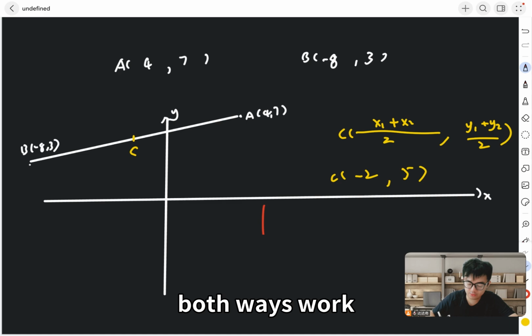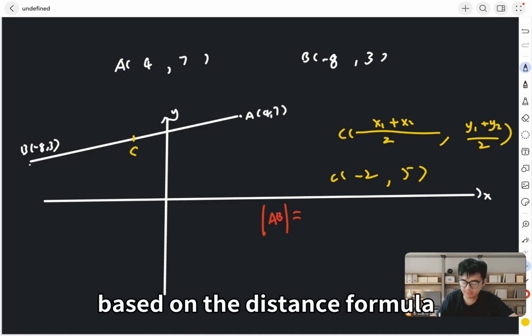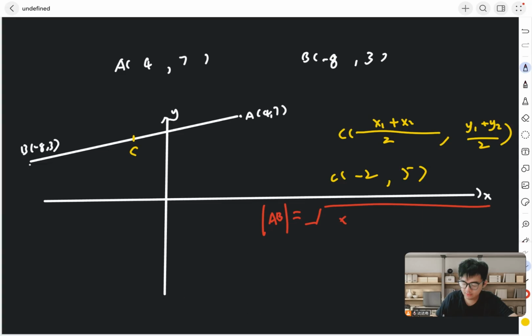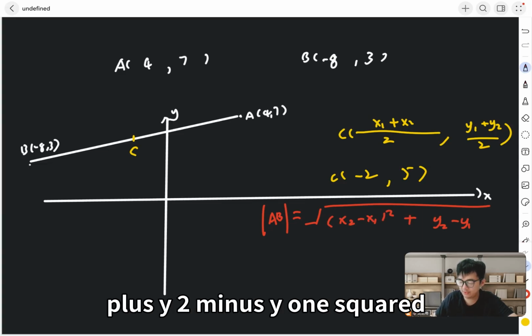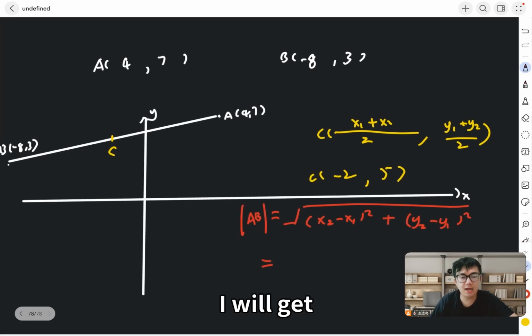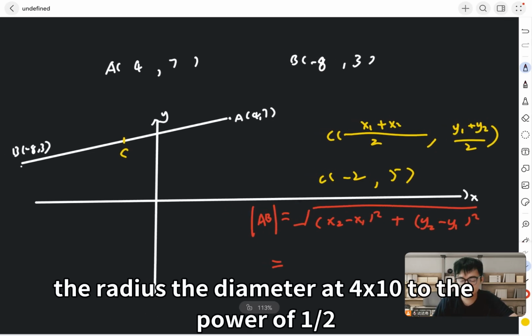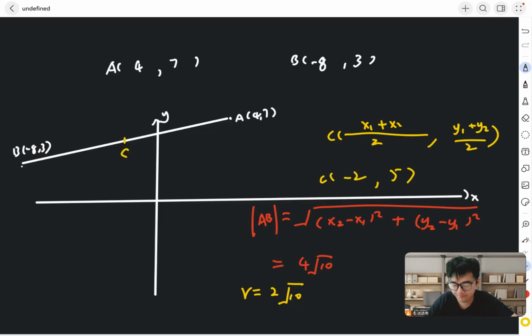Both ways work. Let me just figure out the length of AB. Based on the distance formula, it's the square root of (x2 minus x1) squared plus (y2 minus y1) squared. Substituting the values inside, I get the diameter as 4 times 10 to the power of 1/2. So its radius will be 10 to the power of 1/2.